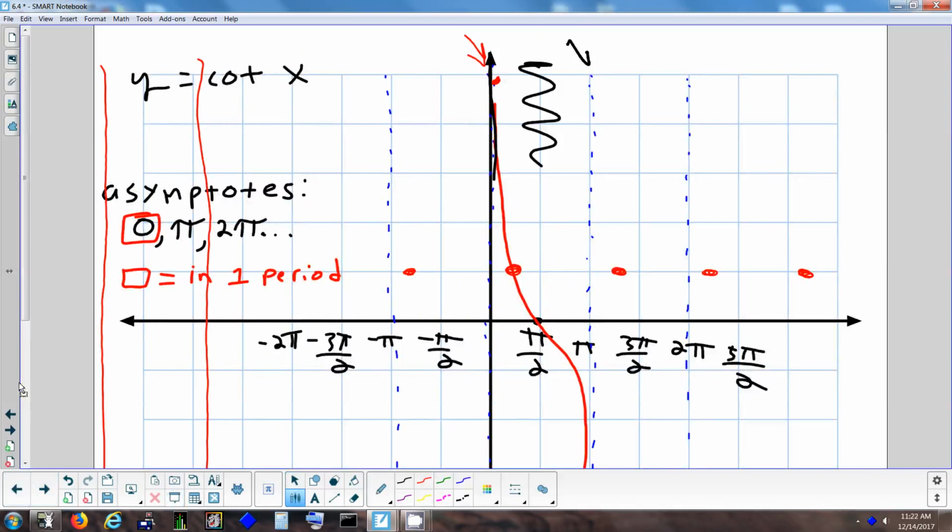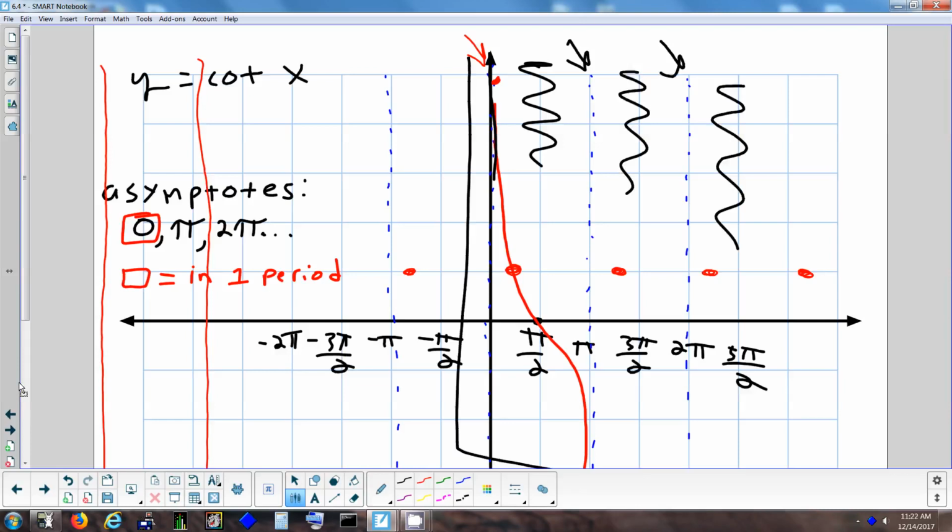That means this blue line, we'll say, is part of the second section. This blue line is part of the third section. So we just have to be clear that in this case, there is only one vertical line per section. There's not two. First blue line is part of the first section.